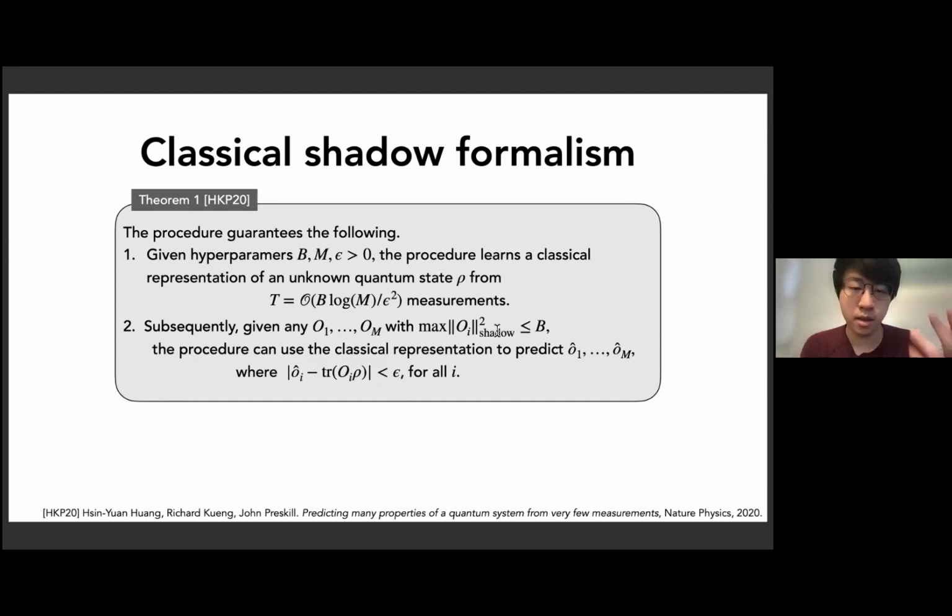So basically, these 3 hyperparameters correspond to the norm of the observable, the number of observables, and how efficiently we can predict all of them.